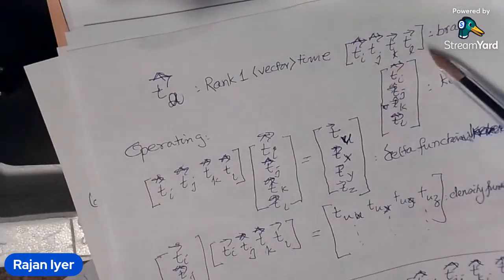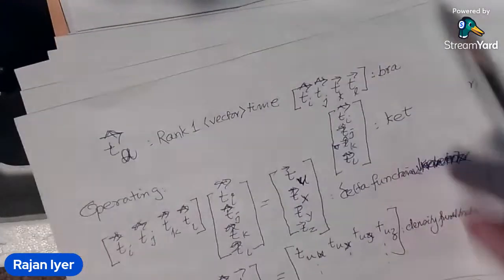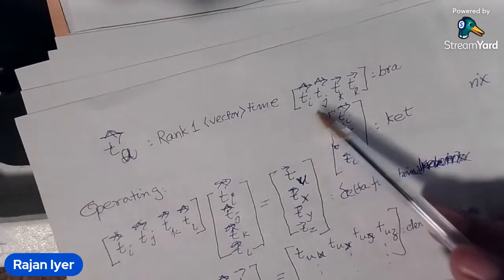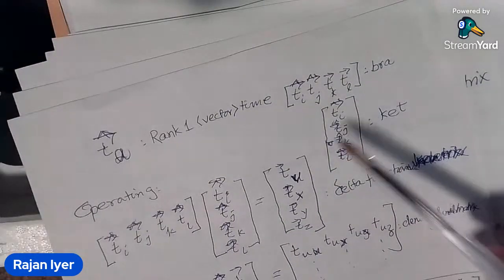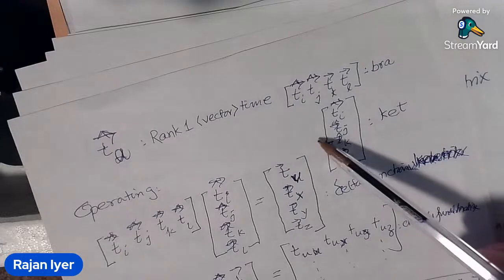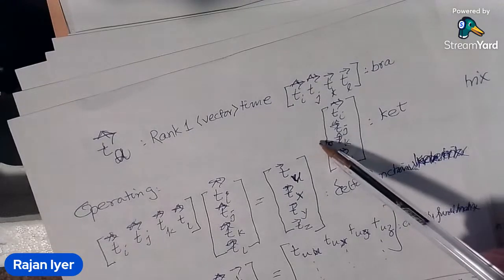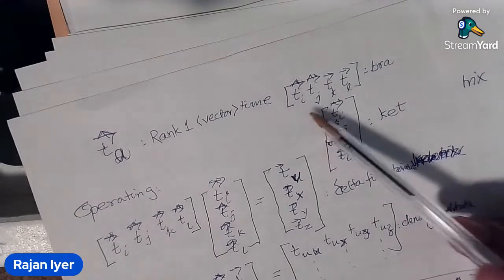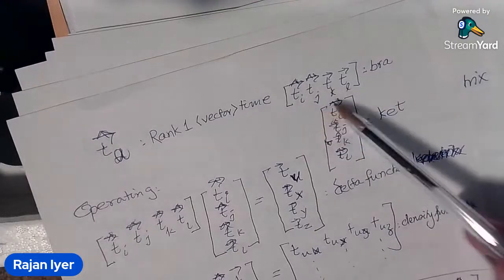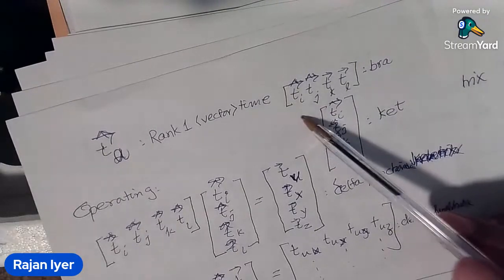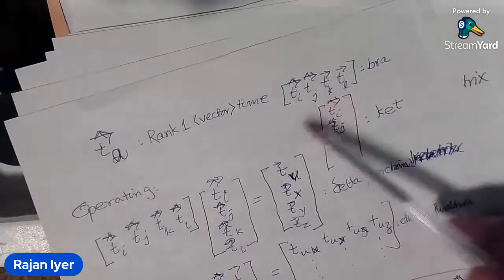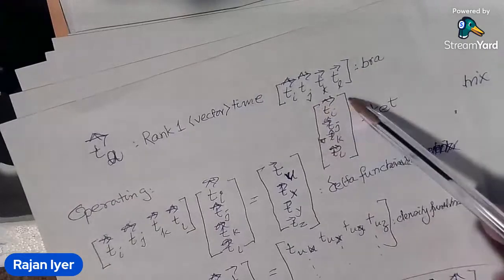Rank 1 tensor will look like that, a bra matrix. Suppose it varies. We think from Christopher's presentation it could be 4D, 4 hyperdimension. So if we say IJKL, that's 4 dimensions, and then the time is varying in those space-time coordinates.